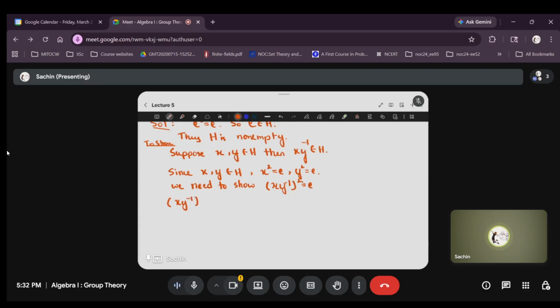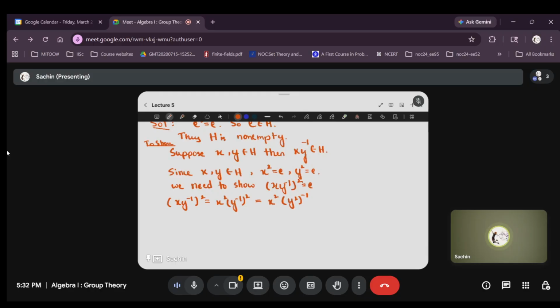We have (X Y inverse) whole square is X square times (Y inverse) whole square. We saw this in one of the problems. For an abelian group, (AB) whole square is equal to A square B square. This is the same as X square into (Y inverse) whole square, the same as (Y square) inverse.